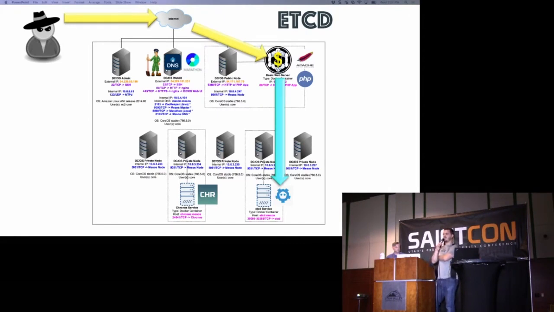You can basically think of it as an HTTP accessible JSON object. So if I know the name of a key, like a key of a key value pair, I can query etcd for that key and it will give me back the value. Common uses for etcd are things like, where is my database? That key value pair can be stored in etcd. You could also store the database username and password in there.